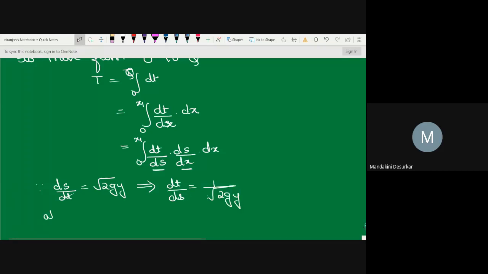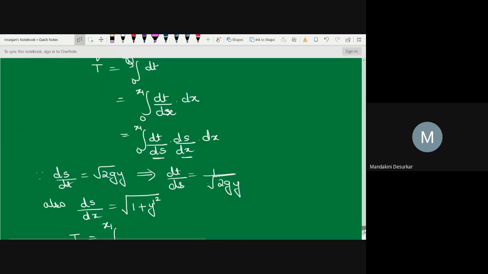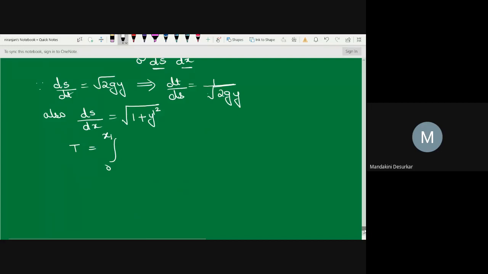Now also, ds by dx is what? It is root of 1 plus y dash square. Now substituting this value, what do we get? T is equal to the integration from 0 to x1 of dt by ds, which is 1 upon root of 2gy, and ds by dx, which is root of 1 plus y dash square, into dx.